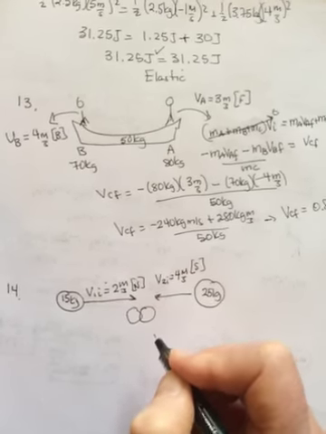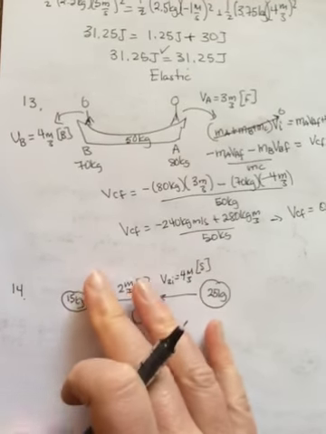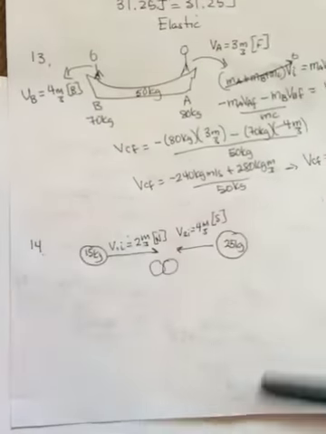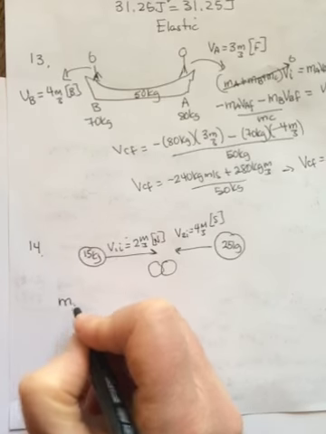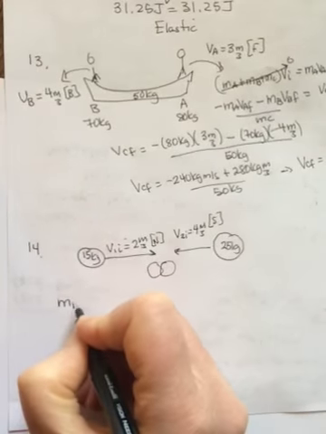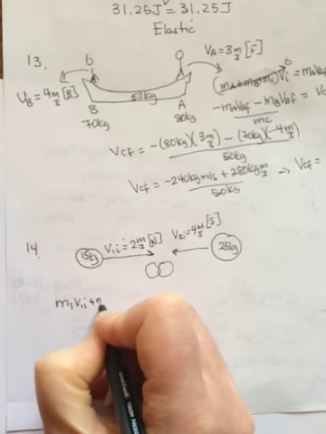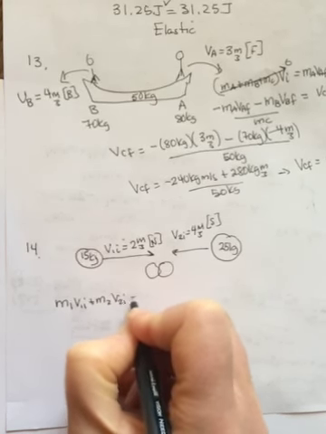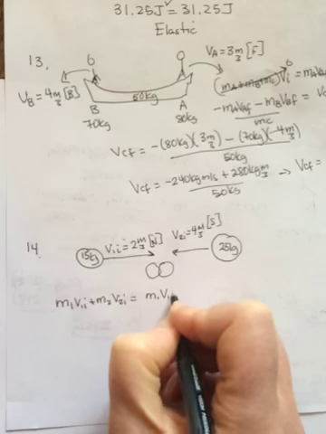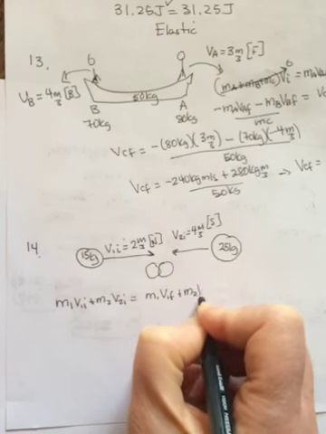And the first part is what's their velocity, and the second part is, is it elastic. So first, m1 v1 initial plus m2 v2 initial equals m1 v1 final plus m2 v2 final.